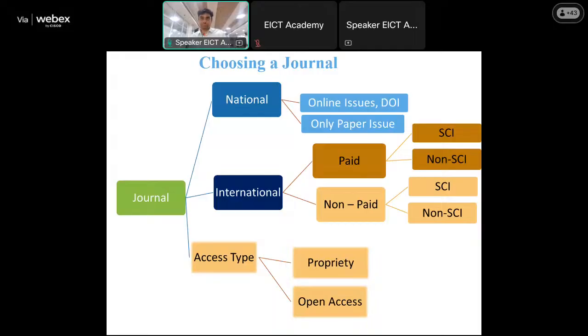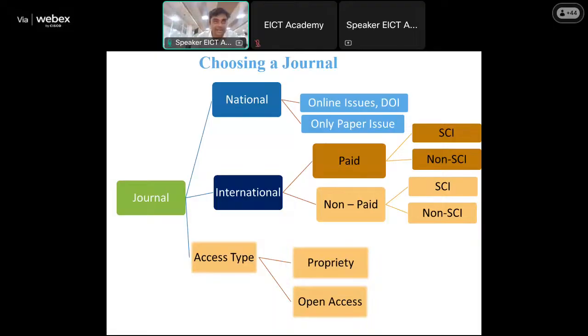There are some parameters and some benchmarks, and if a particular journal has fulfilled all those benchmarks, then it could be considered in the SCI category, SCIE, that is SCI Expanded.